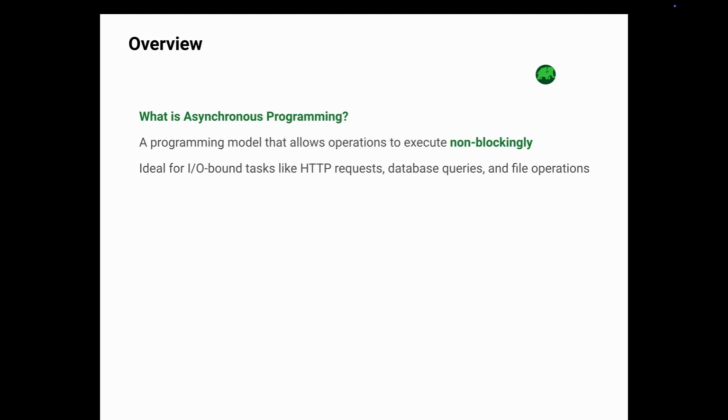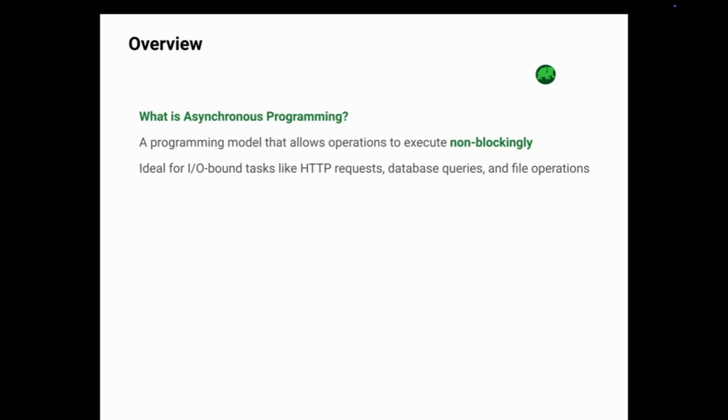Imagine having the ability to start a task and then move on to the next task without waiting for the first one to finish. This is particularly useful for operations that don't require continuous CPU processing, like IO-bound tasks. Examples of IO-bound tasks are HTTP requests, database queries, and file system operations.